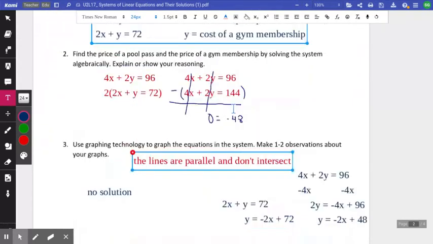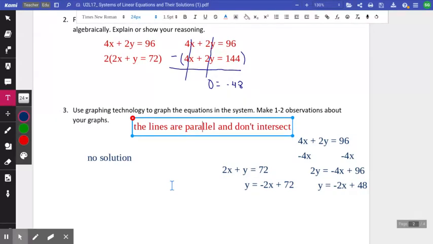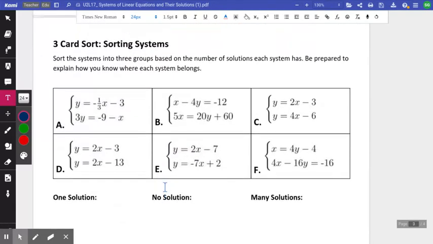And systems that have no solution have no solution because those equations are parallel lines, meaning they have the same slope and different y-intercepts. Without solving systems, if you can make those observations, that can tell you how many solutions they have.